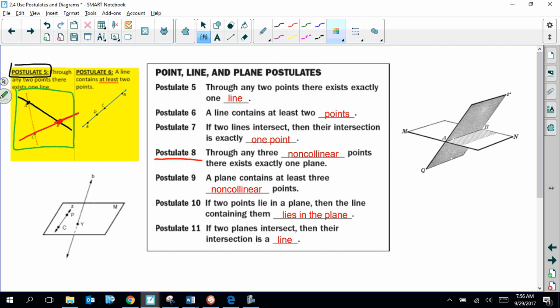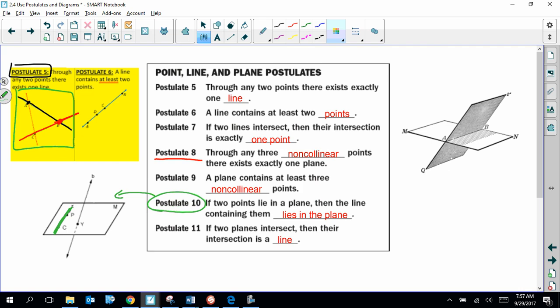A plane contains at least 3 noncollinear points, so again, it's essentially the same thing as postulate 8. Postulate 10: if 2 points are in a plane, then the line containing them lies in the plane, and that's what this diagram is talking about. Postulate 10 is going here, where the line we're looking at is the line here.